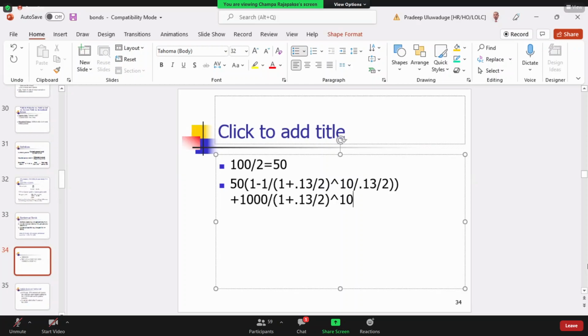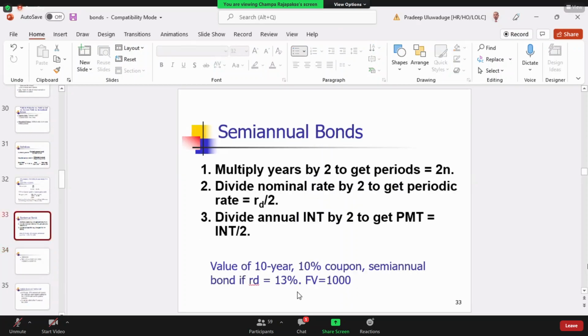Right? So if you simplify this, you get the value of a semi-annual bond, which pays you 10% coupon, with the market interest rate of 13%.